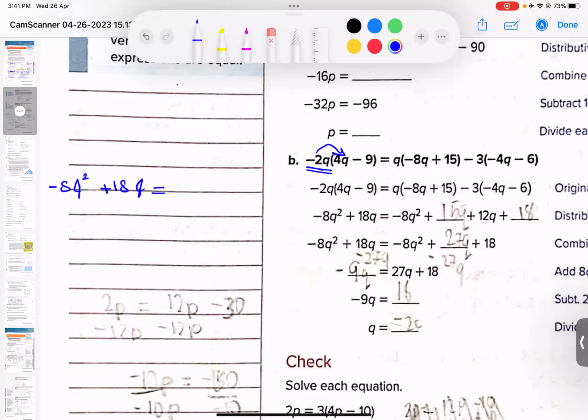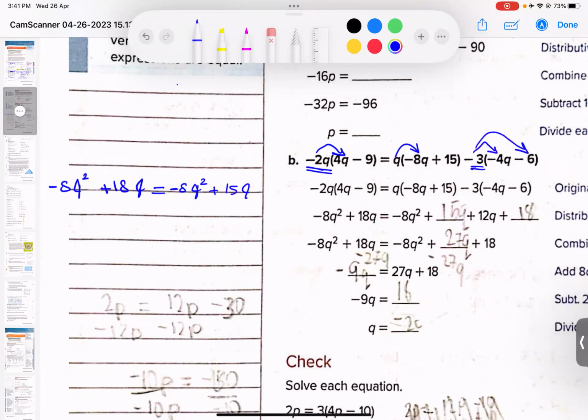We try to move to the right-hand side. So here we have q multiplied by negative 8q. So this one's supposed to be negative 8q to the power of 2. Plus q times 15 is supposed to be 15q. What about the next one?